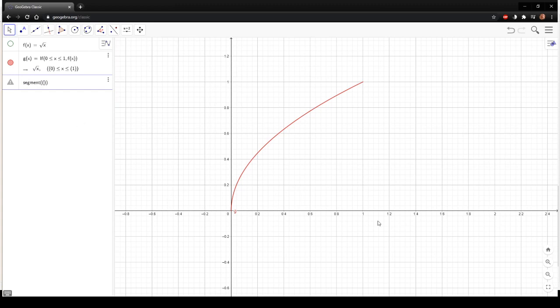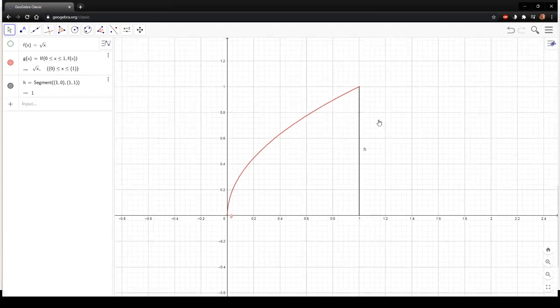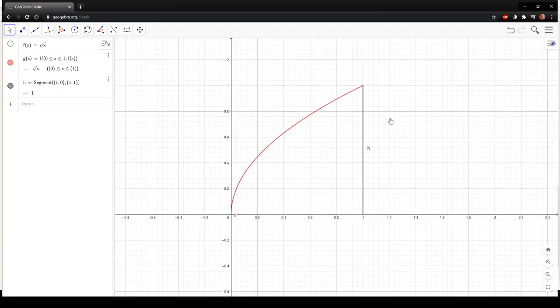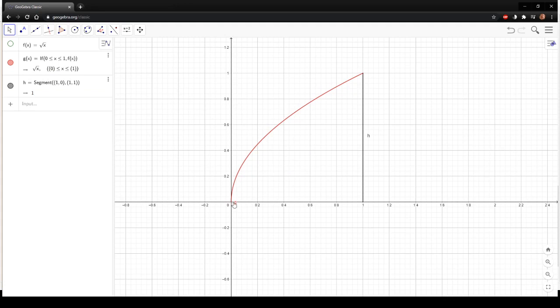So this is the point (1, 0) and this is the point (1, 1). There we go. That makes a line segment connecting those two points. So this is the region that we're interested in. And we're going to take this region and rotate it around the x-axis. And I claim that that's going to produce some sort of solid.